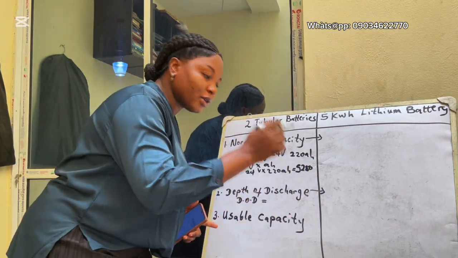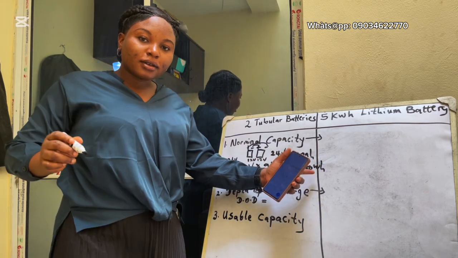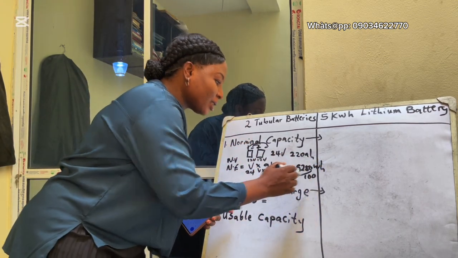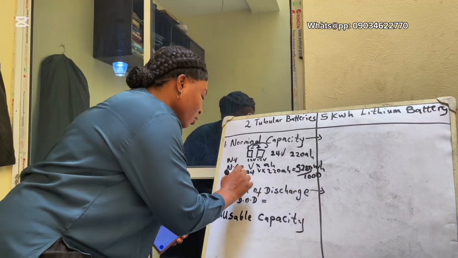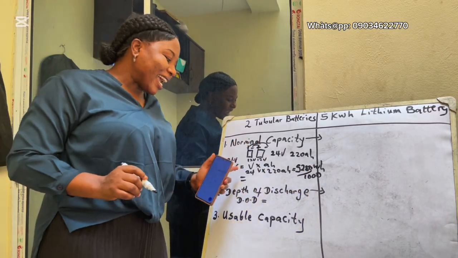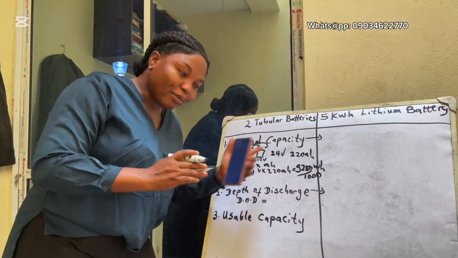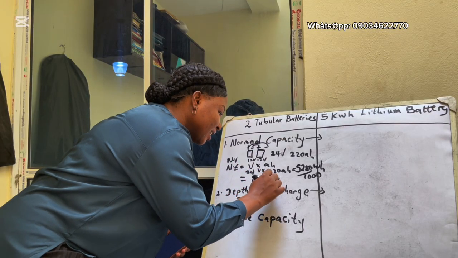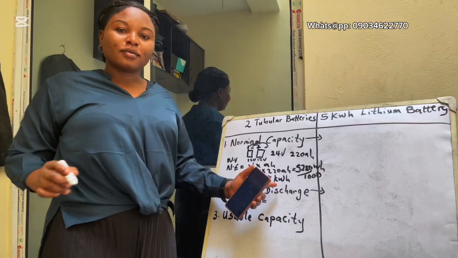This energy is measured in watt hour. So to get it in kilowatt hour, you simply divide this by 1000. So we have the nominal energy of these two tubular batteries to be 5.28 kilowatt hour.